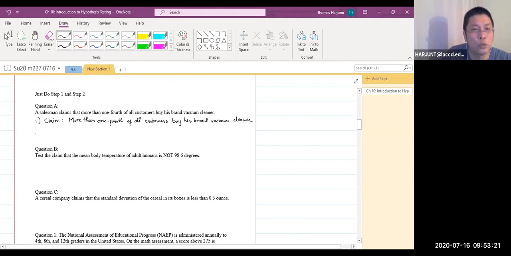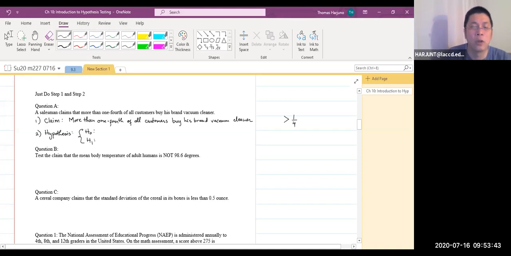And then step 2, hypothesis. And braces, null hypothesis, alternate hypothesis. Now, when we say more than 1/4, it's more than 1/4, right?